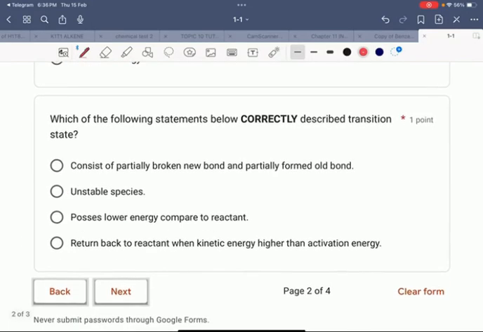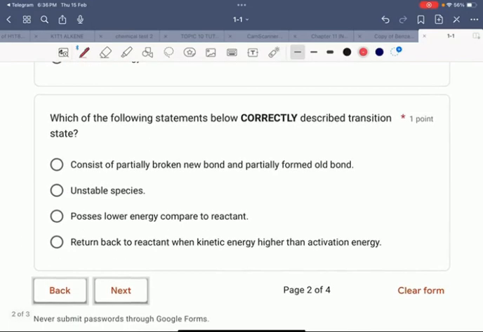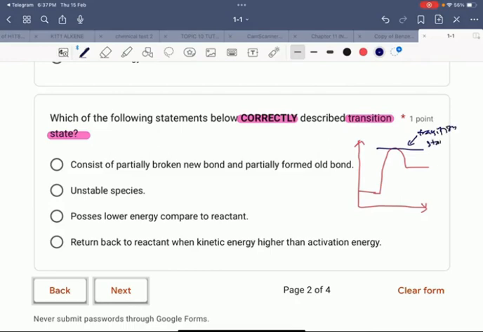Okay, next question, the last question. Which of the following statements below correctly describes the transition state? Okay, transition state, if we draw the energy profile diagram, for example I draw for the endothermic, the transition state is located here. This is the transition state. At the transition state, there is an activated complex.